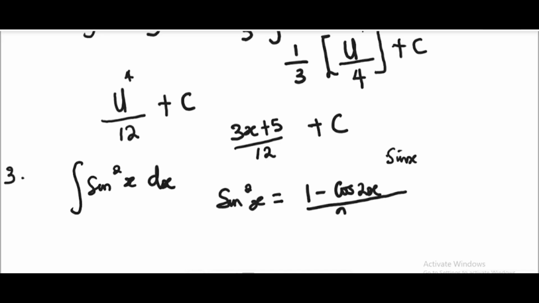Okay, now for this to be very easy for us, there's something I used to say, like when we're solving number 2. I like taking the constant to the back of the integral, since it's not useful, so that it doesn't make our question look complex. So taking half to the back, we have 1 minus cos 2x dx.